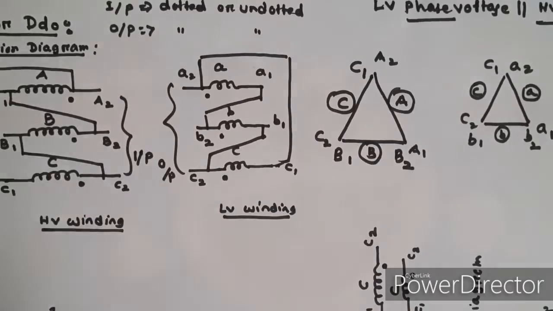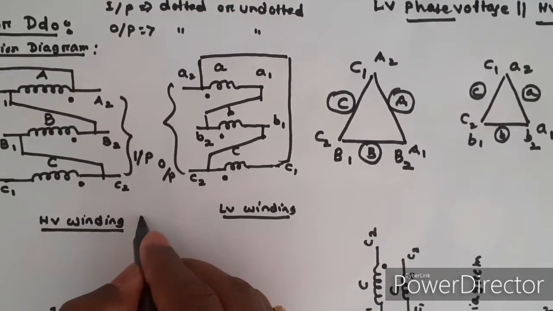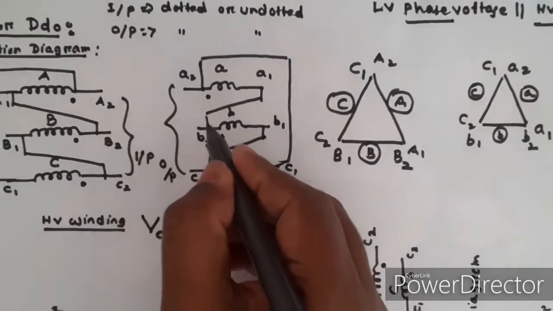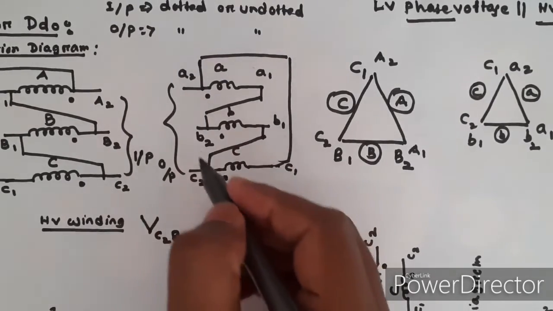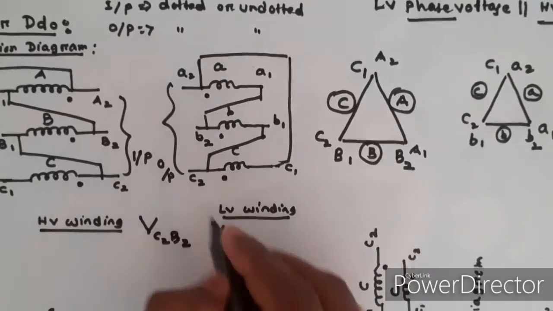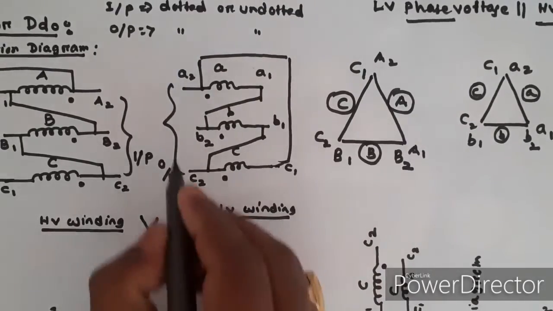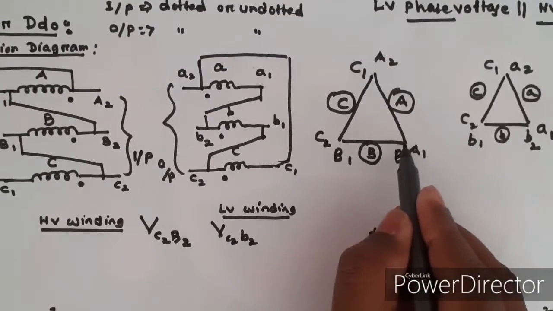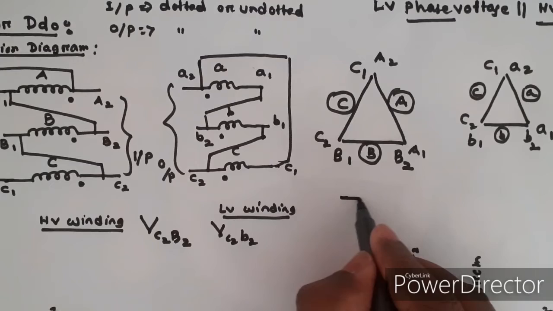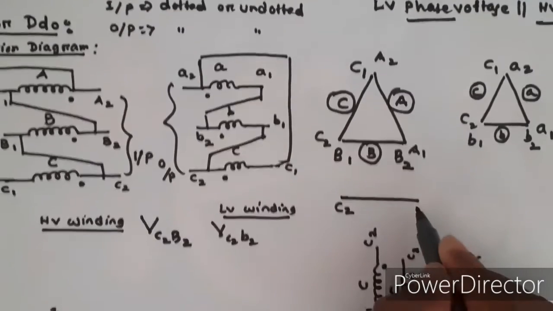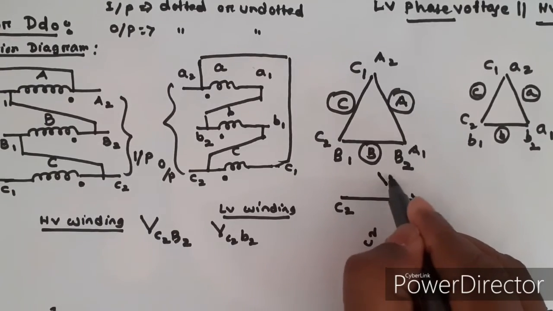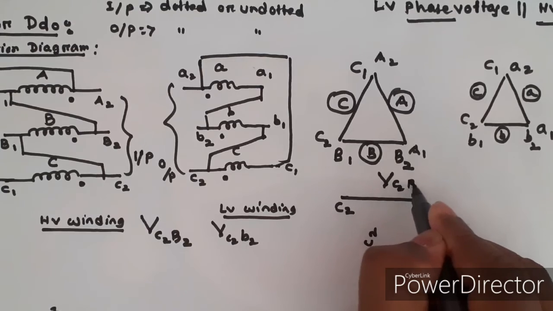I take any line voltage, suppose C2 B2, the V of C2 B2, and the corresponding LV line voltage will be the V of small c2 b2. This is your HV line voltage C2 B2.